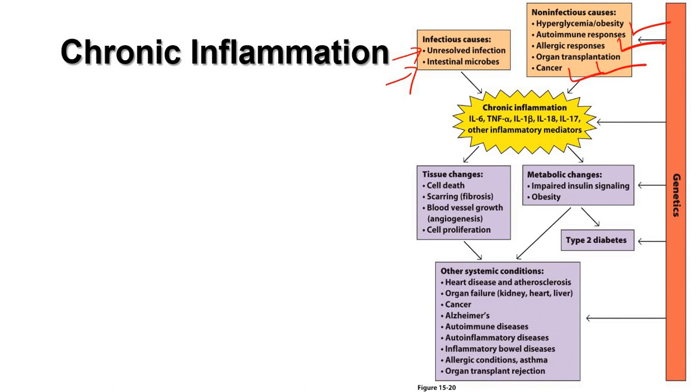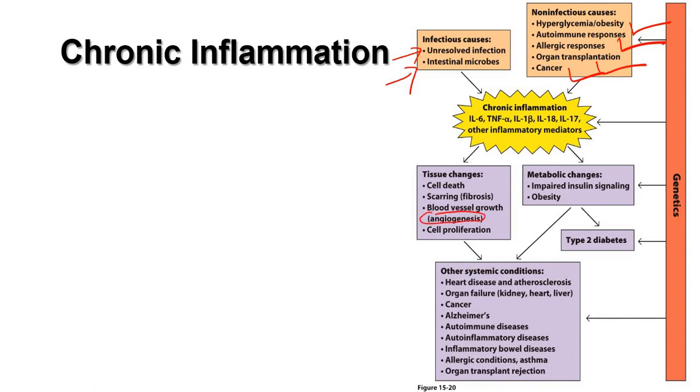We have already seen chronic inflammation leads to the cytokines involved: IL-6, TNF alpha, IL-1 beta, interleukin 18, interleukin 17. They will cause tissue changes such as cell death, fibrosis, the blood vessel growth, that is angiogenesis, new blood vessel growth, cell proliferation.